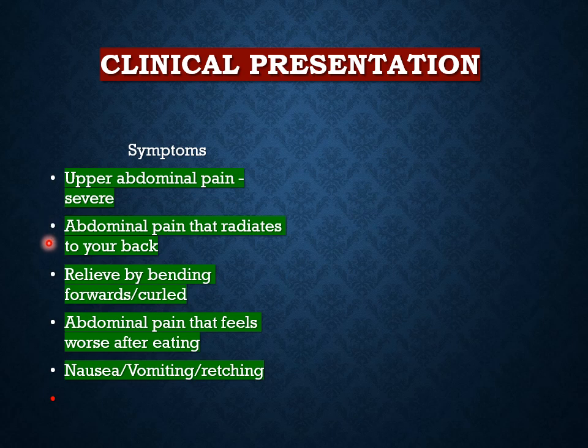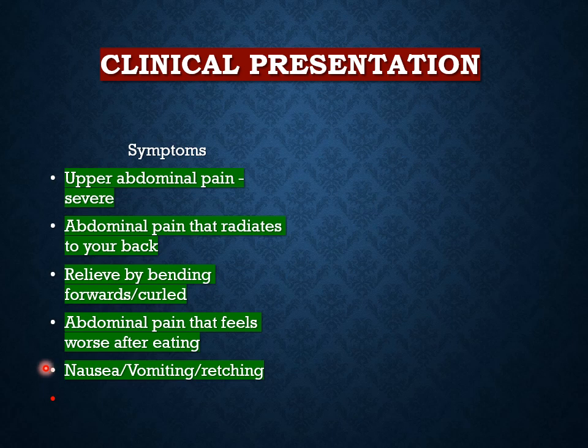The pain usually radiates to the back, that means from front to back. It is relieved by bending forwards or lying in a curled up position, and the abdominal pain feels worse after eating, precipitated or aggravated by food. There is a significant degree of nausea and vomiting and even retching. So vomiting is a very prominent symptom in these patients.